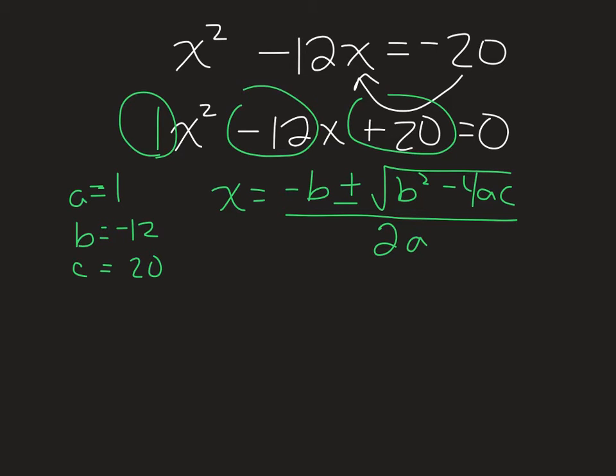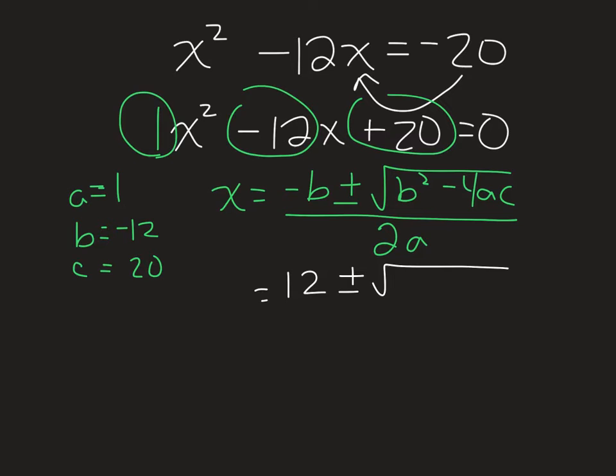Okay, so we're going to go through and put this stuff into our formula. So if b is negative 12, and the formula says the opposite of b, then the opposite of negative 12 will be positive 12. So this is positive 12 plus or minus the square root of b squared. Let's talk about that, b squared.